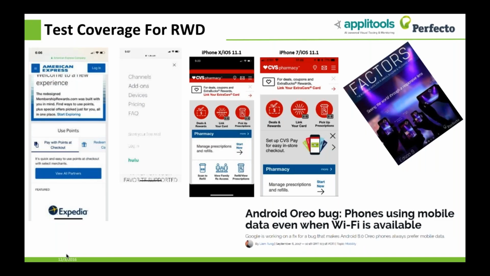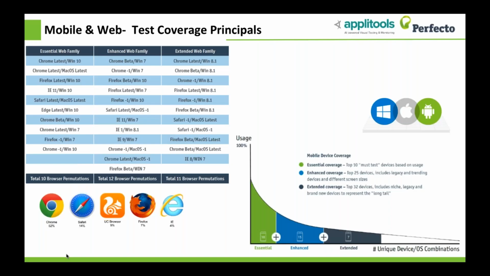And this is one of the things Perfecto is providing as part of our cloud offering: the ability to always get the right lab customization and configuration for both web and mobile. And the way we are looking at the coverage for responsive websites is as follows. If you have the web, we want to include for a responsive website both desktop web browsers and mobile devices.